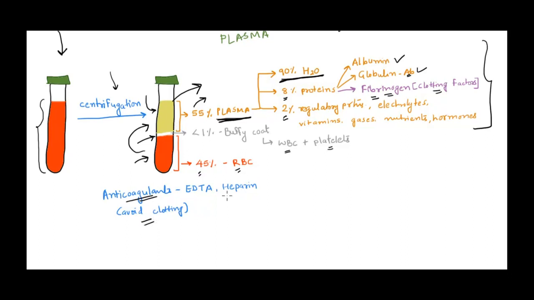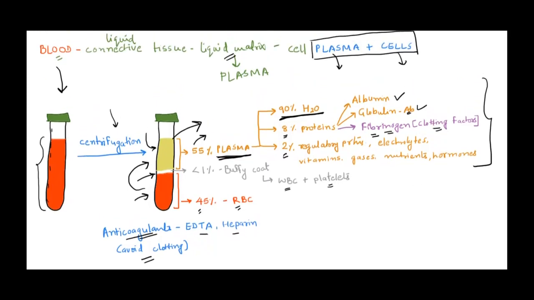Anticoagulants like EDTA and heparin are used to prevent clotting. When we collect the blood, sometimes the anticoagulant is coated on the wall of the tube itself, or it is mixed thoroughly with the blood, and then it is subjected to centrifugation. We do not allow the blood to clot. This is what we call plasma.